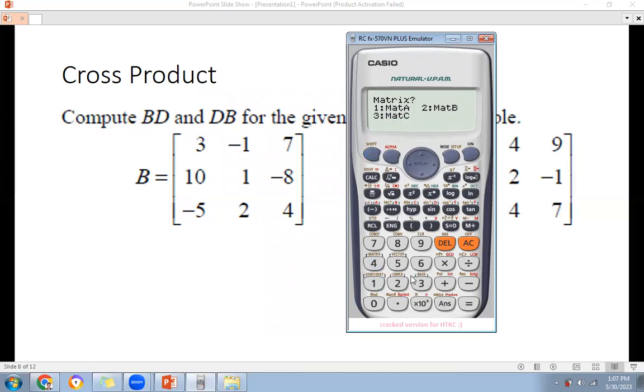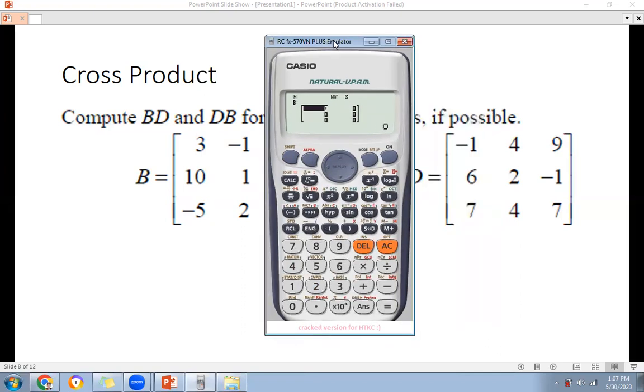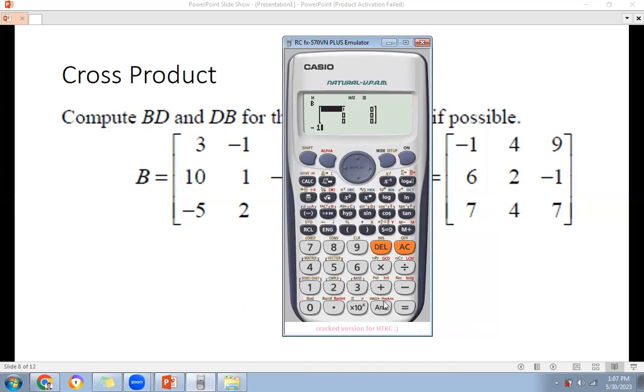let's define it differently. So for matrix B, let's make it 3 by 2. Let's just copy the first 2 columns. And then we multiply. The one is 3 by 3, and the other one is 3 by 2. Okay, so is it possible?